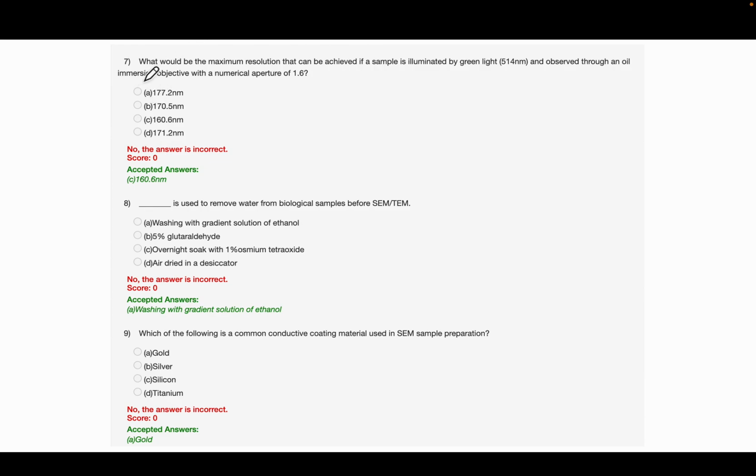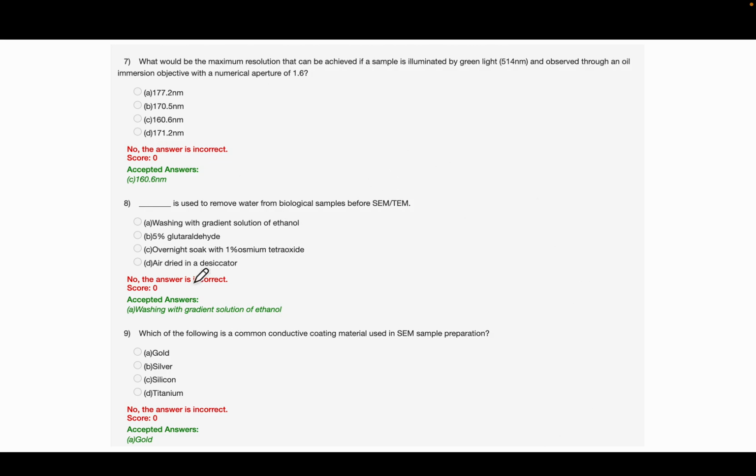Next question. What would be the maximum resolution that can be achieved if a sample is illuminated by green light and observed through an oil immersion objective with a numerical aperture of 1.6? You have to calculate with a formula. The limit of resolution equals lambda divided by numerical aperture.